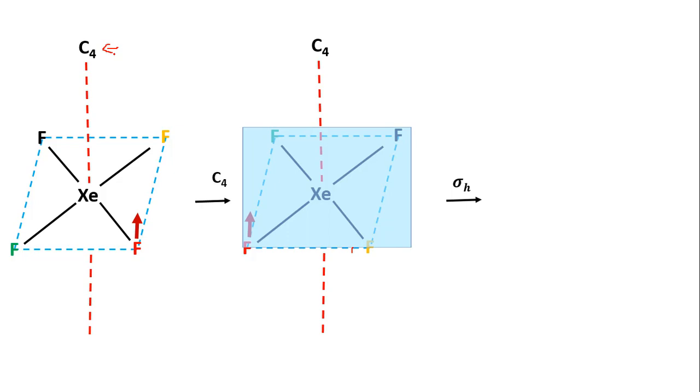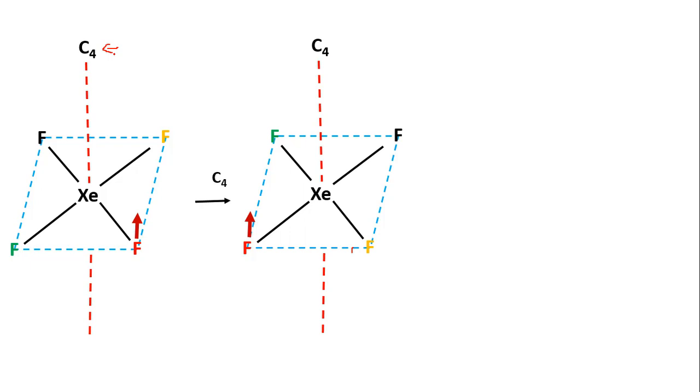Since it is perpendicular to the principal axis C4, this is sigma h, and the plane contains all the atoms, xenon and 4 fluorine atoms, and since the atoms are contained in the plane, they will not get shifted during the reflection about sigma h.